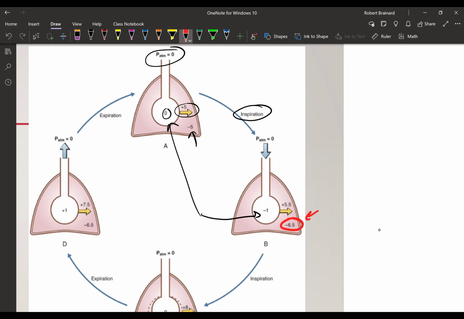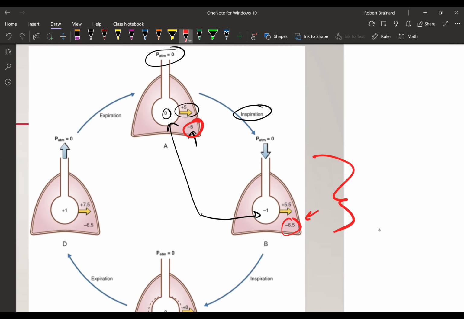So at this point, at mid-inspiration, if we measure these different pressures, air is still moving in because we've got a -1 right there in the alveoli because we've expanded the chest wall. Intrapleural pressure is going from a -5 up here to now a -6.5. And then what is transmural or transpulmonary pressure?